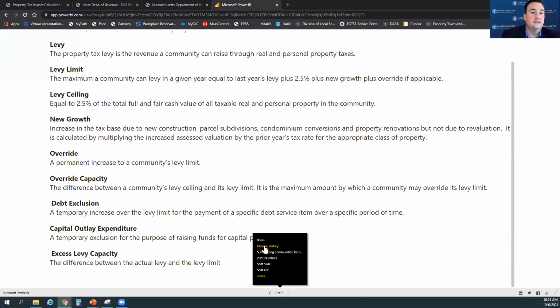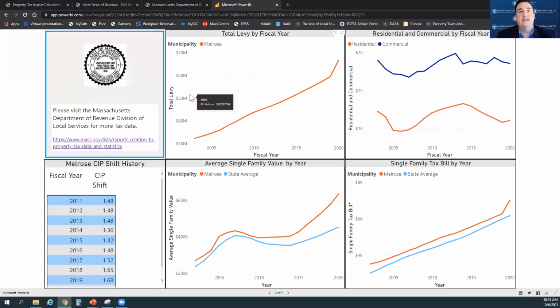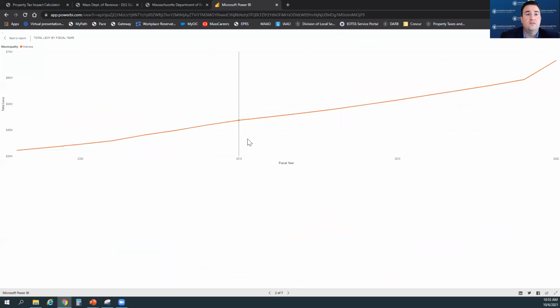So, using and mining data, this is a dashboard just to show the history for this community. Looking at the four different blocks, one is the total levy by fiscal year. This information was just taken from that Excel file.